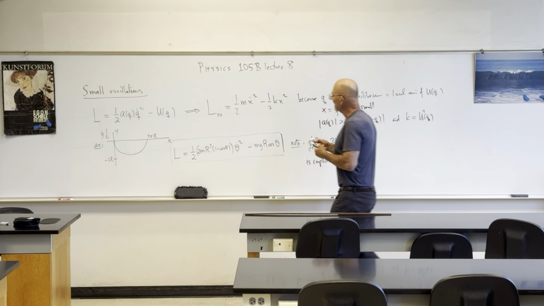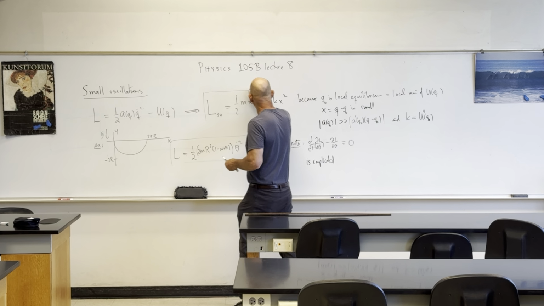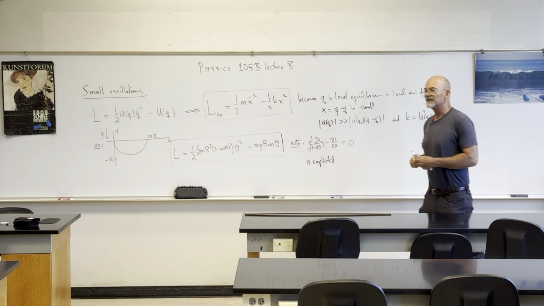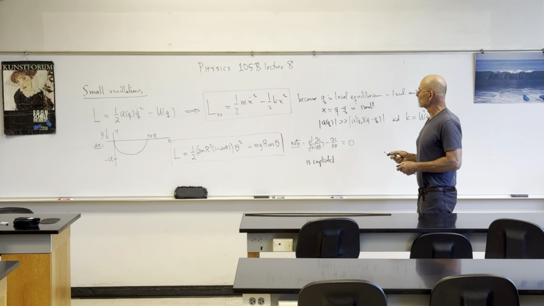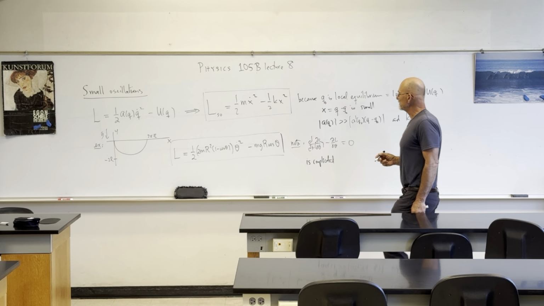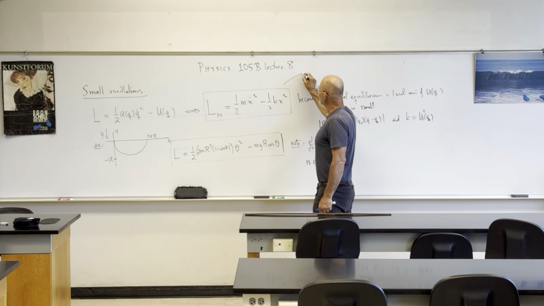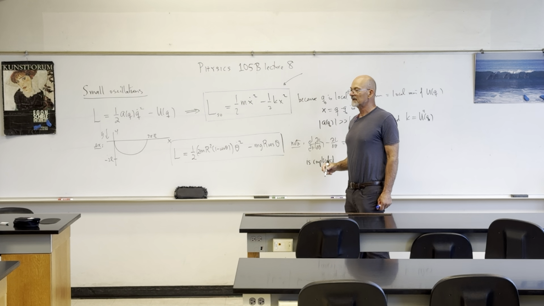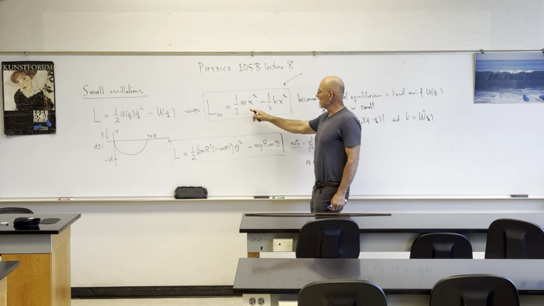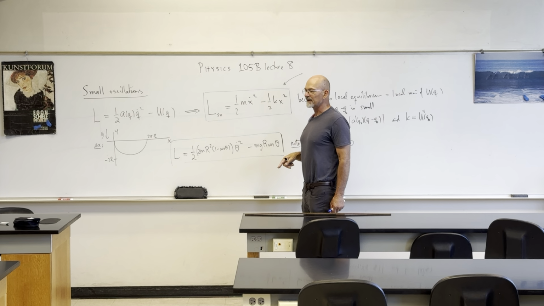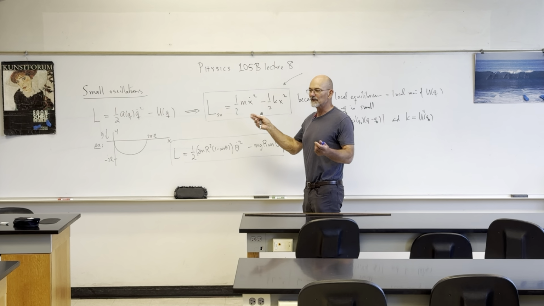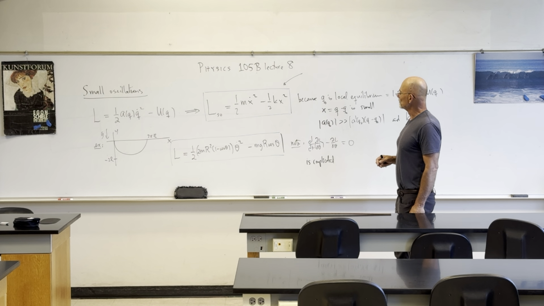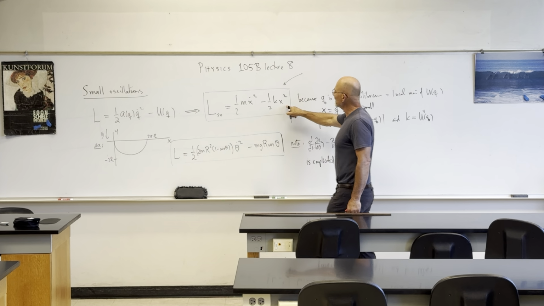So this brings us to here, and if we go through these steps, we can just read off the frequency. In fact, does everybody recognize this as the basic harmonic oscillator? Remember, the energy of the harmonic oscillator would be half m x dot squared plus half k x squared. And immediately you know what the frequency is. But we're going to do this anyway, okay?